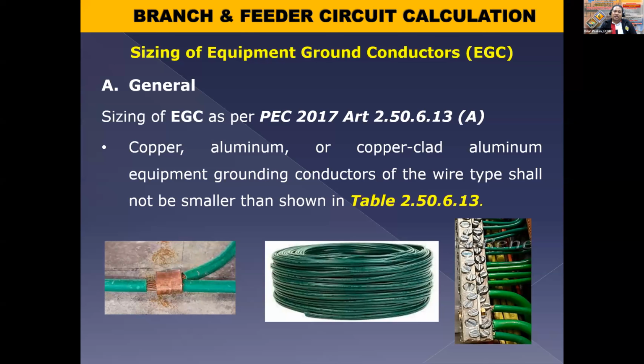So dapat i-address natin yung enough ground fault current na makapag-trip ng circuit breaker natin. And the problem sometimes, kung hindi appropriately sized yung ground conductor natin, malaki yung impedance. So we know naman kung malaki yung impedance, maliit yung current natin na dadaloy, no?